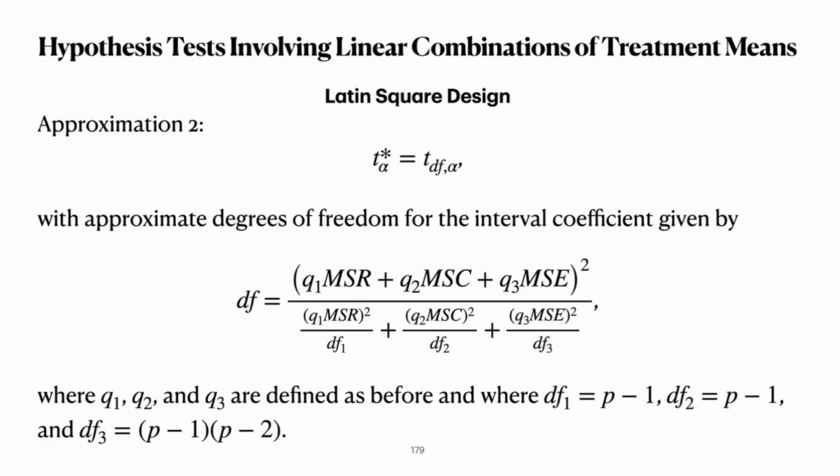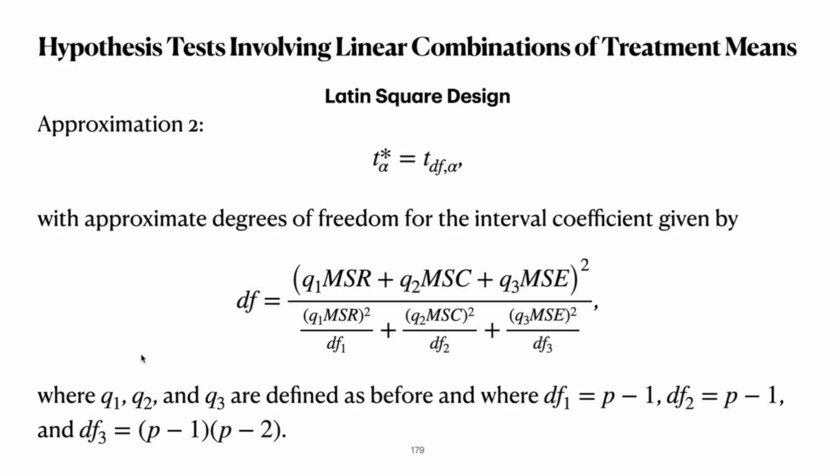Again, approximation method 2 is known as Satterthwaite's approximation. The way this works is that we approximate not the t-value directly, but the degrees of freedom associated with the reference t-distribution, and then we use the t-value, or the critical point, from that particular t-distribution. So in this case, the degrees of freedom associated with the critical point are given by this expression.